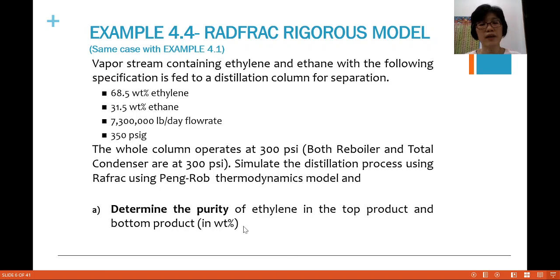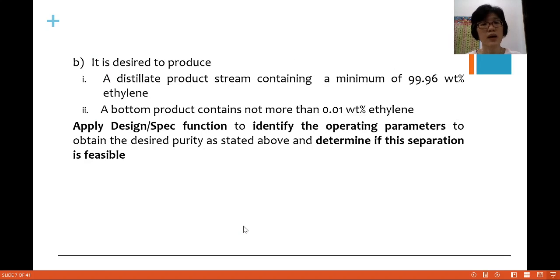And bear in mind you have to determine the purity in weight% as specified here. So question B, let's say we desire to produce a distillate product with a minimum of 99.96 weight% of ethylene, and the bottom product contains not more than 0.01 weight% of ethylene.